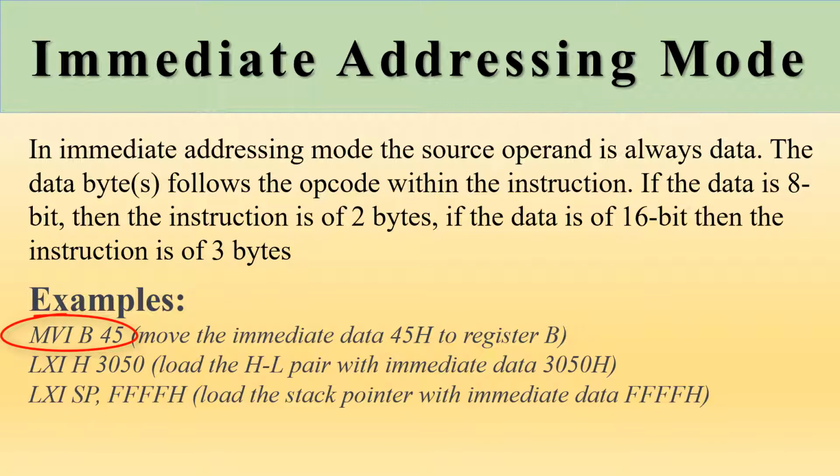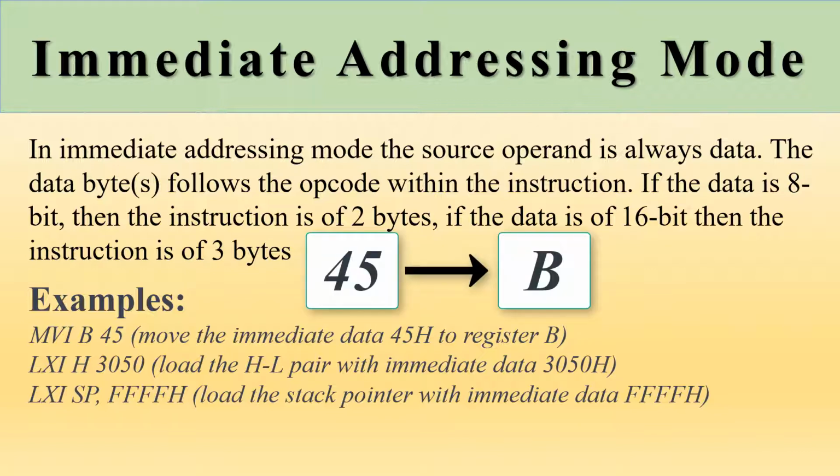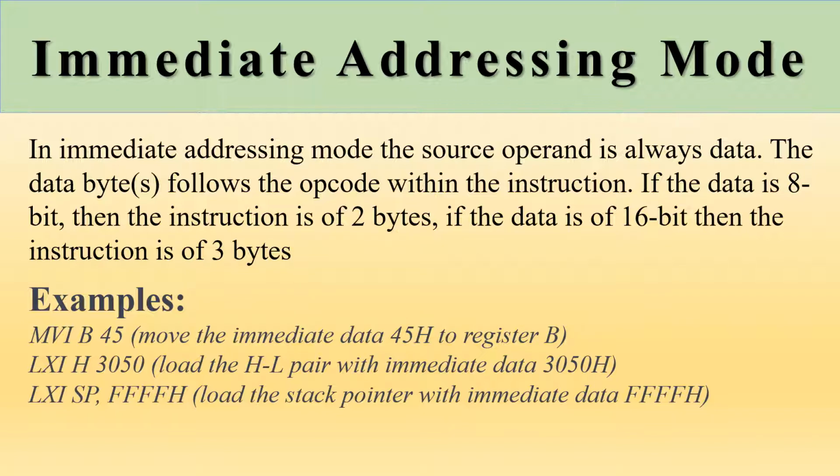Say for example the MVI B instruction. Whenever we talk about the immediate addressing mode, then you will generally find the I in the mnemonic of the instruction. So MVI B 45 is the instruction, so the number 45 will go in register B. So 45 is also a part of this instruction, so it is called immediate addressing mode.